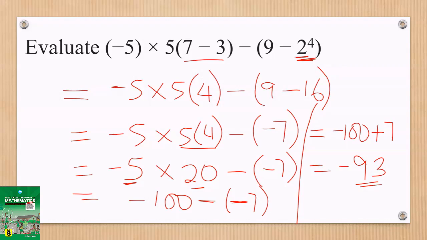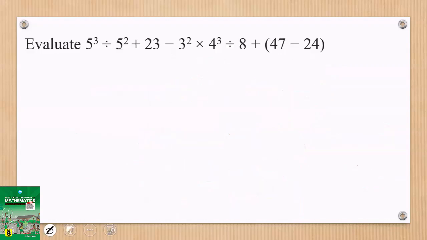Maybe let's take one more example and see. So with this very question, we have to evaluate this lengthy arithmetic. It's not difficult if you go by the rule. So since I have bracket, you see bracket first, maybe to save time, after bracket I can do the exponent. So I'm going to have 125 for the 5 cube divided by 25 plus 23 will be maintained, minus, here we have to be very careful.